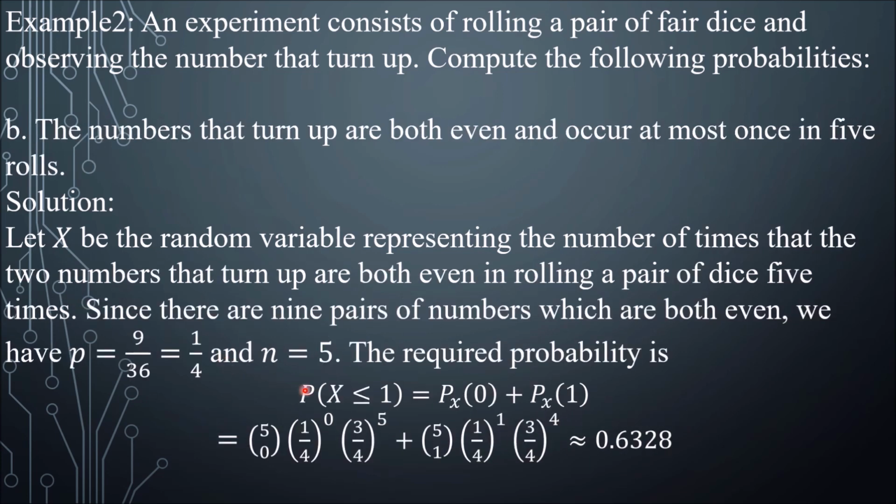For letter B, let x be the random variable representing the number of times that the two numbers that turn up are both even. Since there are 9 pairs of numbers which are both even, like 2, 2, 2, 4, 2, 6, and so on, we have the probability 9 over 36, which is equal to 1/4. And n is equal to 5 because it should be 5 rolls.